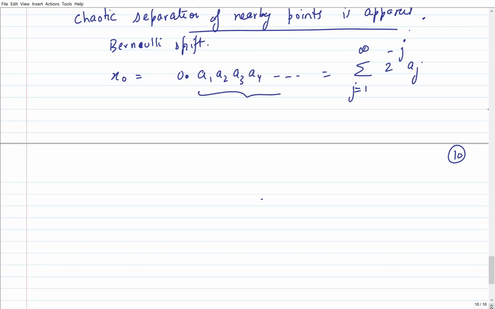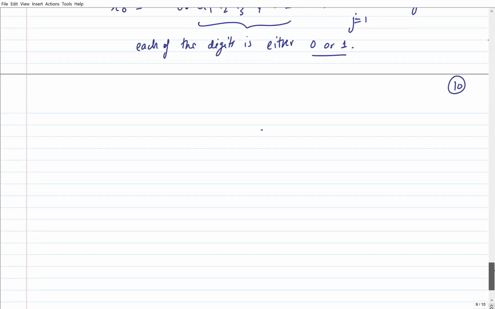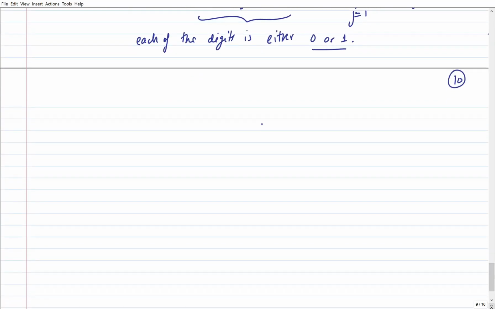Here each of the digits is either 0 or 1. So what really happens? What does the map do to this sort of a thing?